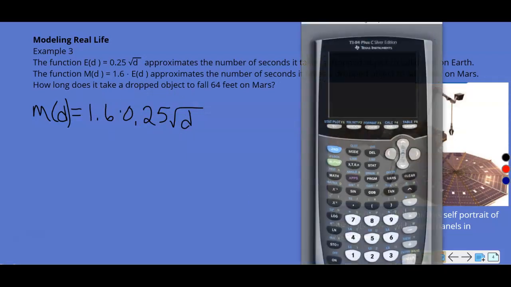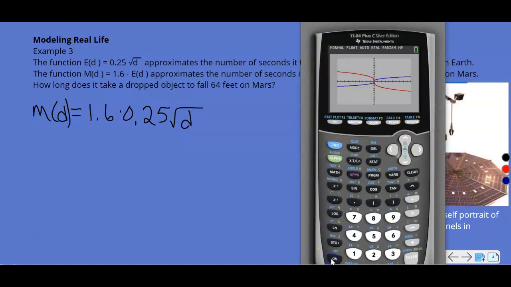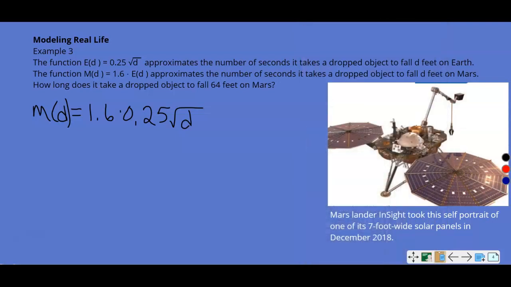Since we have two numbers in front of the radical, we can combine those numbers. So let's see, we've got 1.6 times 0.25, and that's going to equal 0.4. So we can just clean this up a little bit and put 0.4 times the square root of d, and that's going to be M(d).